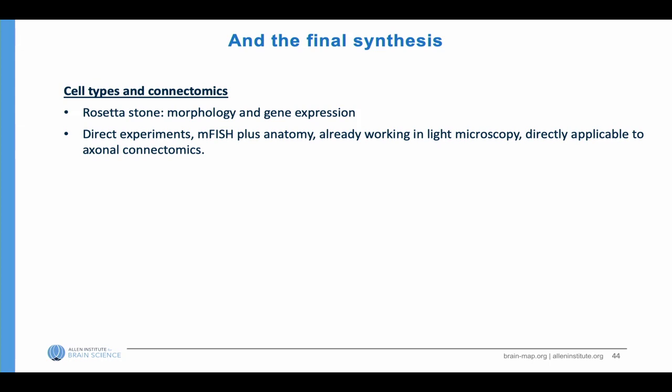With the Rosetta Stone of the IVSCC data. But really, final bullet point, we will, at least with the light work, but I think over the next decade with the EM, have direct readouts of gene expression, cell types, cell types from gene expression, and all of these morphological and network properties.